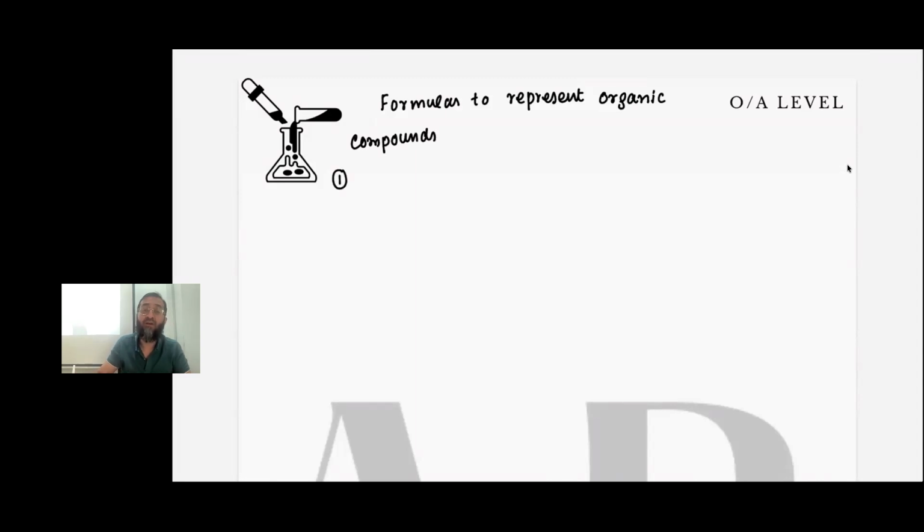So the first one, we are going to represent it using molecular and empirical formula.